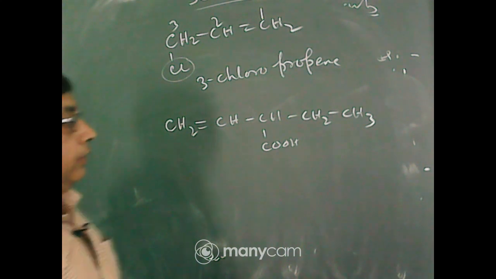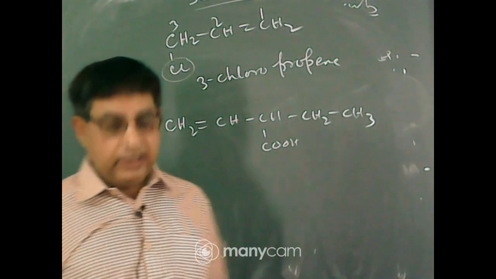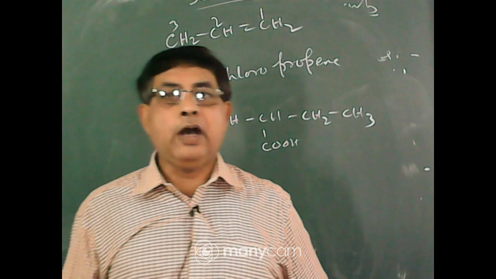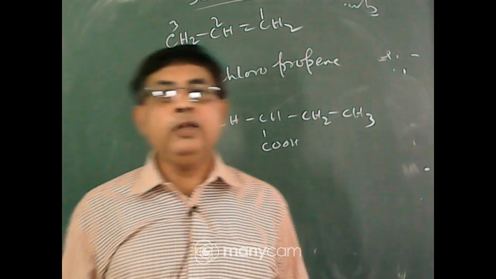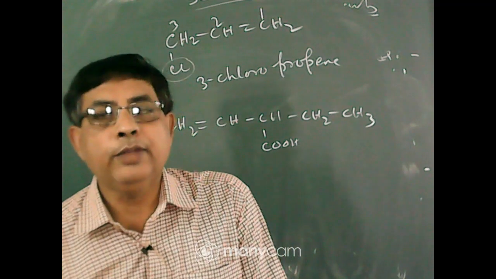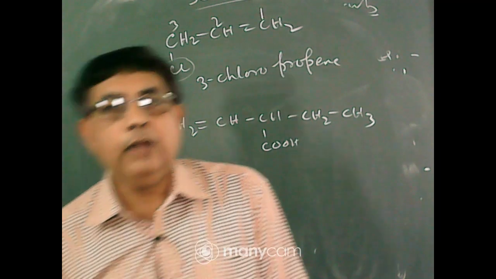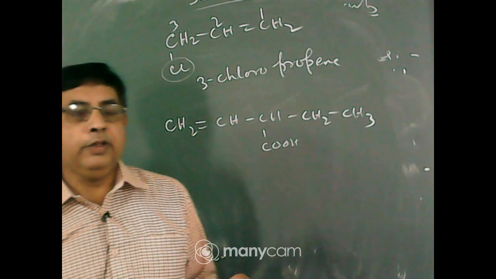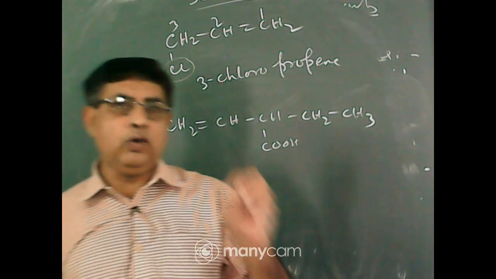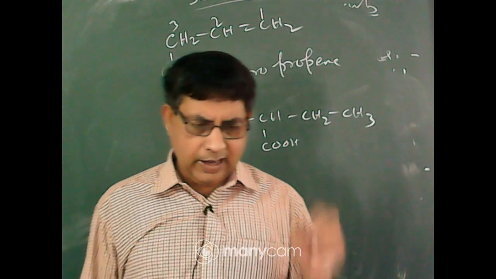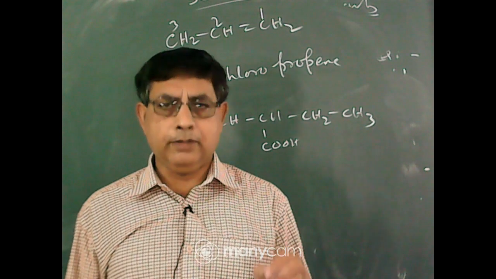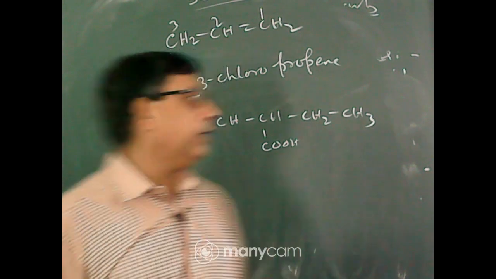You first select the longest carbon chain. Remember the rule. The longest carbon chain must contain the multiple bond or functional group if present. In the previous class, when I wrote the rule for IUPAC naming, the first rule is to select the longest carbon chain, and that chain must contain the functional group or multiple bond if present.